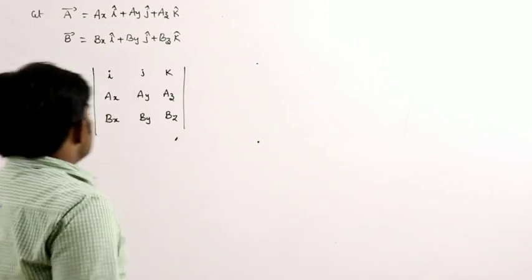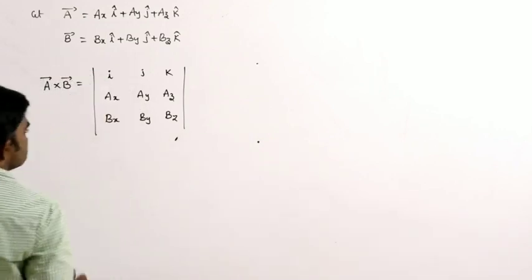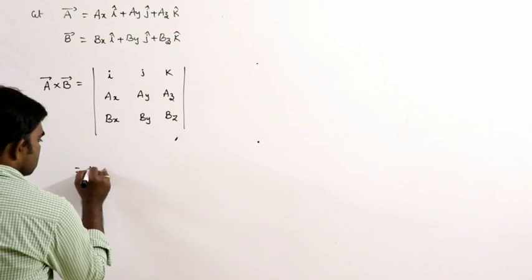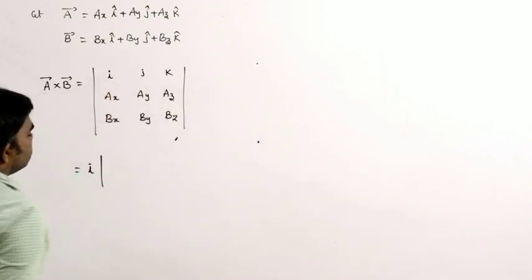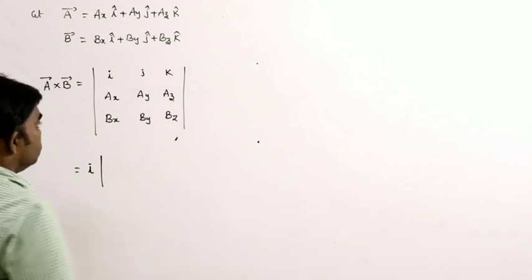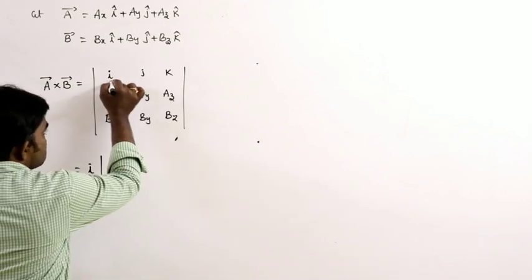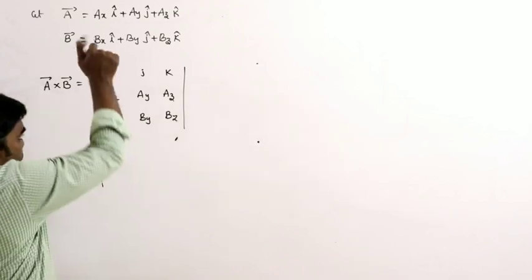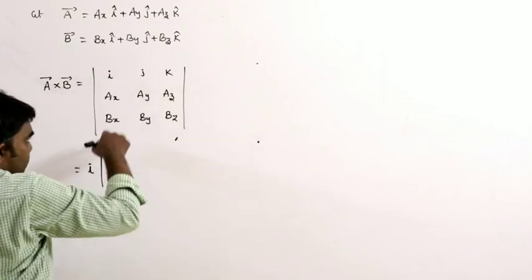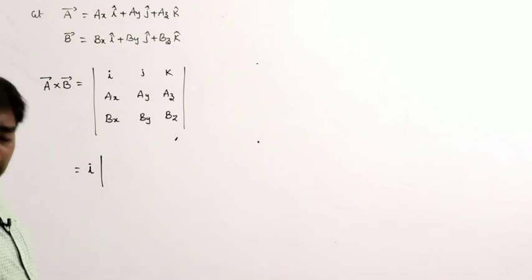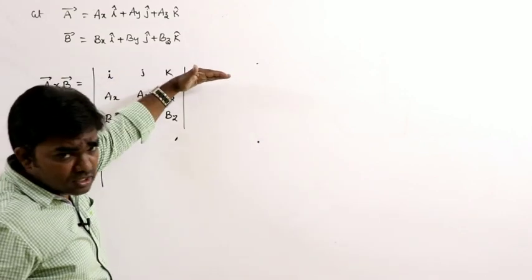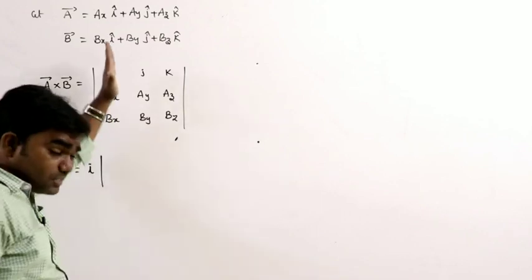Now here, how can you do this? First we have to write I into. Forget about this: this vertical line is called a column and the horizontal is called a row. In a matrix, this horizontal is called a row and this vertical is called a column.